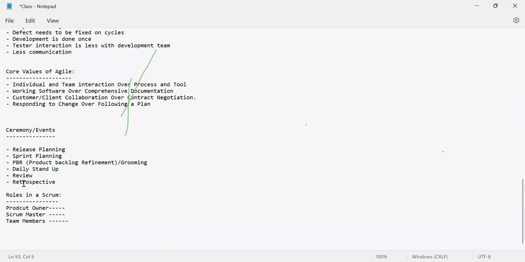I'll explain how things happen, where the stories will be sitting, what the product backlog is, what the sprint backlog is, how stories are pulled into the sprint, how we start the sprint. The Scrum Master starts the sprint, and which stories are worked upon and how. All this I'll show you tomorrow in pictures. I cannot have the application, it's a commercial application.